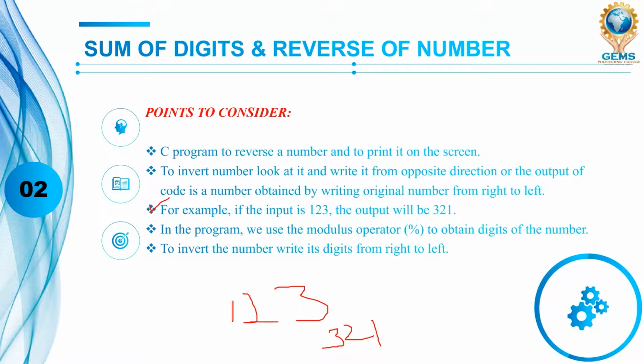That means as usual we write numbers from left hand side to the right hand side, but during the reverse of a number we will write the digits from right hand side towards the left hand side. I hope, my dear students, it's clear.